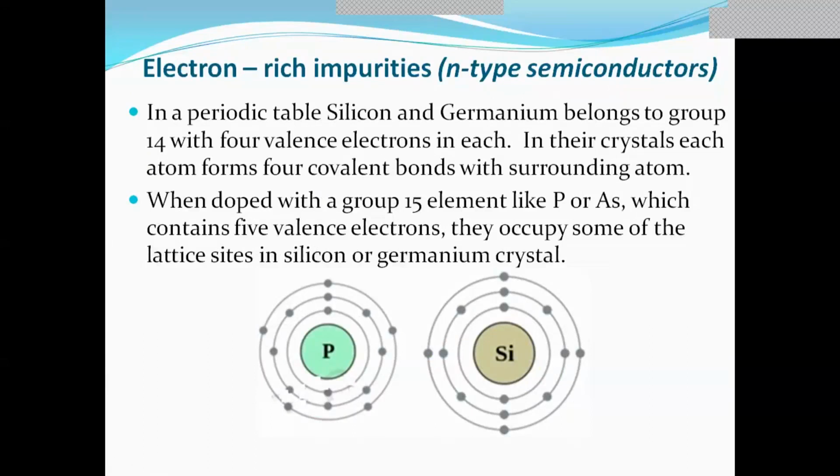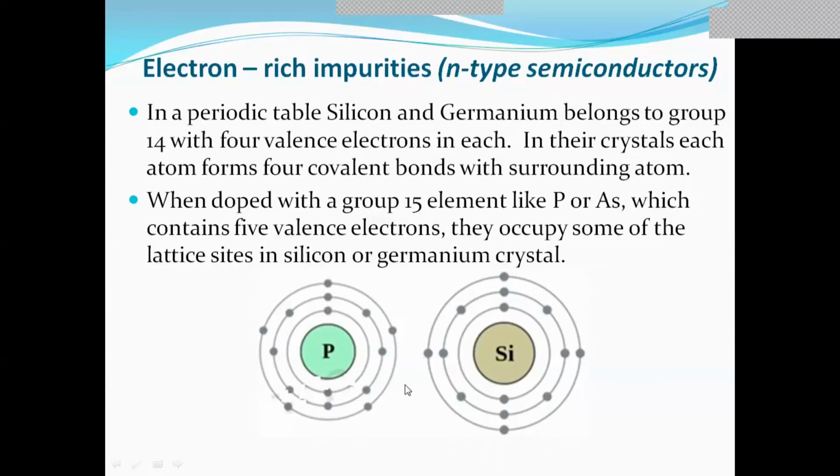In the periodic table, silicon and germanium are elements which belong to the 14th group. In this 14th group, all elements have a general electronic configuration having 4 valence electrons in each. So here you can see silicon with a valence shell. Valence shell means the energy level which is lying at the outermost region of the atom.